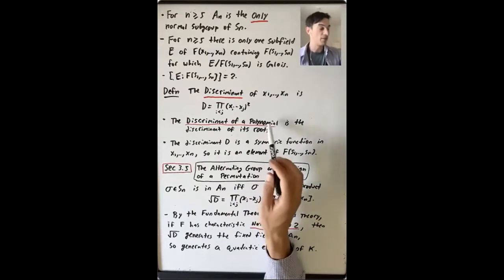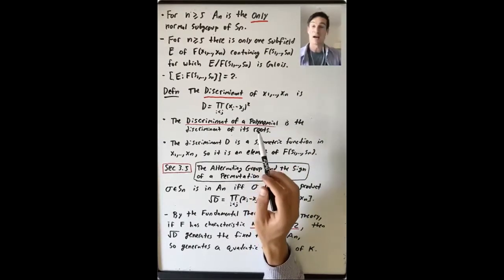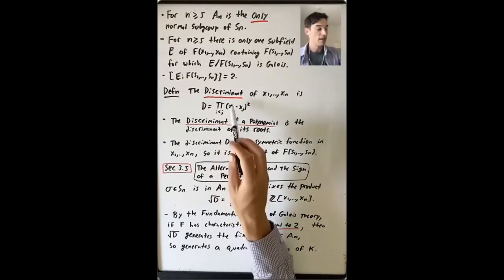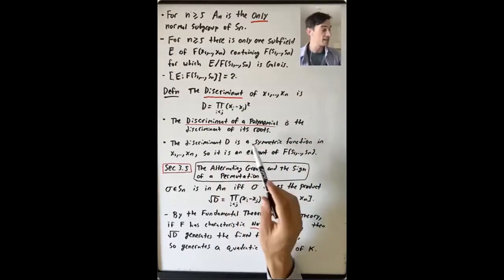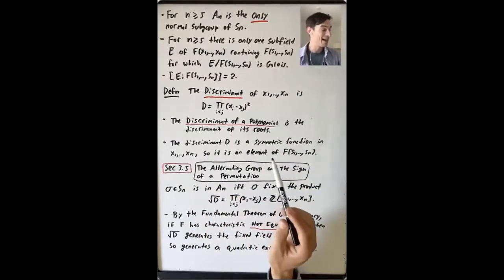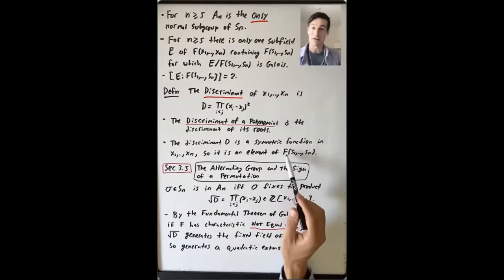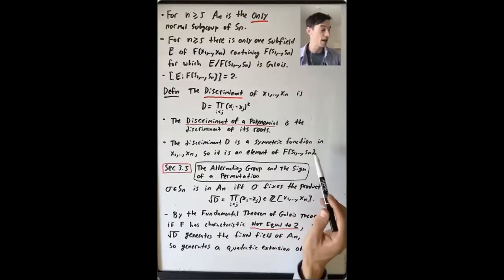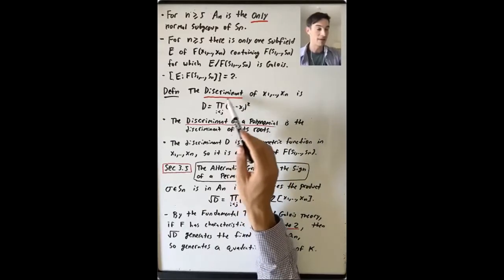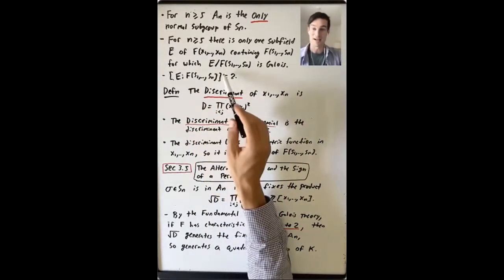The discriminant of a polynomial is the discriminant of its roots. Okay, what is true about the discriminant? It is easy to see that this is a symmetric function in x1 up through xn. So we know that it is an element of the field generated over F by s1 up through sn. Okay, so this discriminant is going to tell us about this quadratic extension.